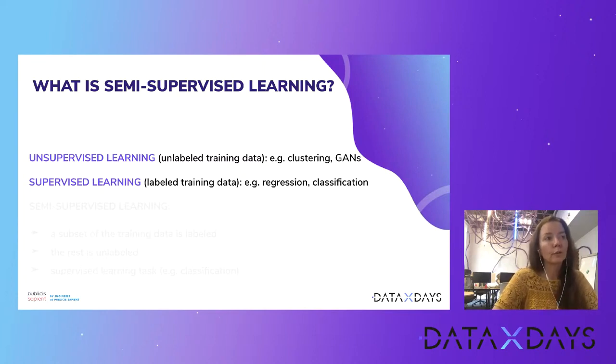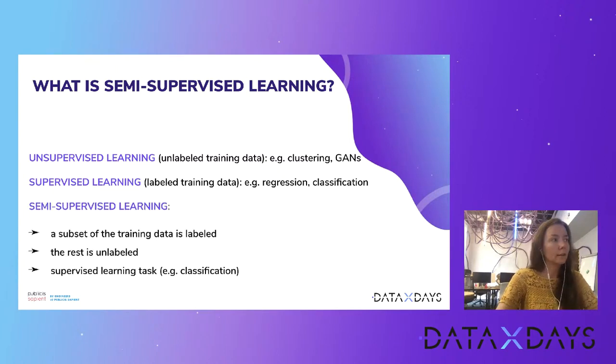Then there's supervised machine learning, when the training data is labeled. The most common tasks, I suppose, are regression and classification. You may have noticed that here I made the distinction between the two mainly based on whether the training data is labeled or unlabeled. I will do the same thing for semi-supervised machine learning.